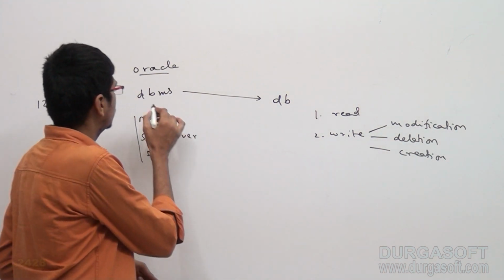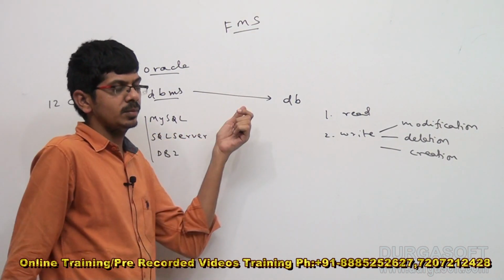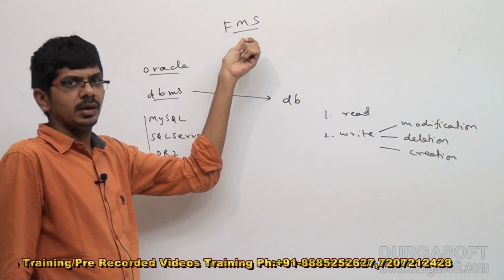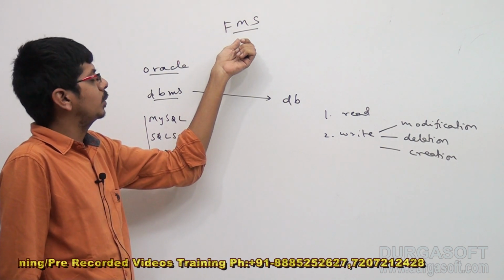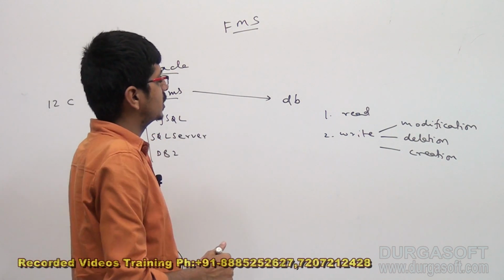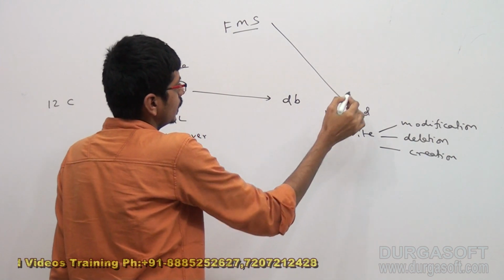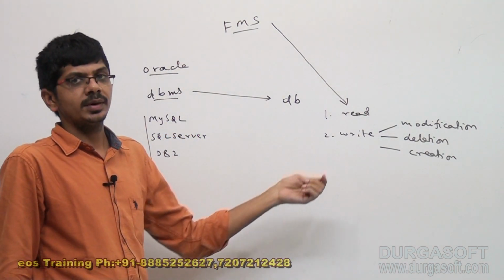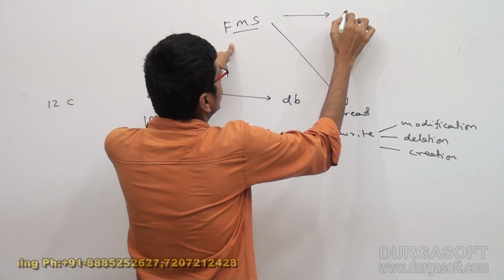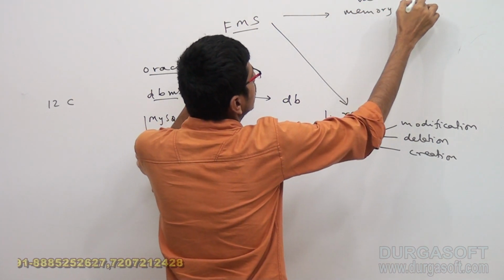Okay, now before DBMS we had something called FMS. So this FMS is nothing but file management system, which is used now also, but the drawback with file management system is its structure. Okay, so in file management system, whatever the data management operations we are doing are done directly on memory, that is main memory, or we can say it is hard disk.